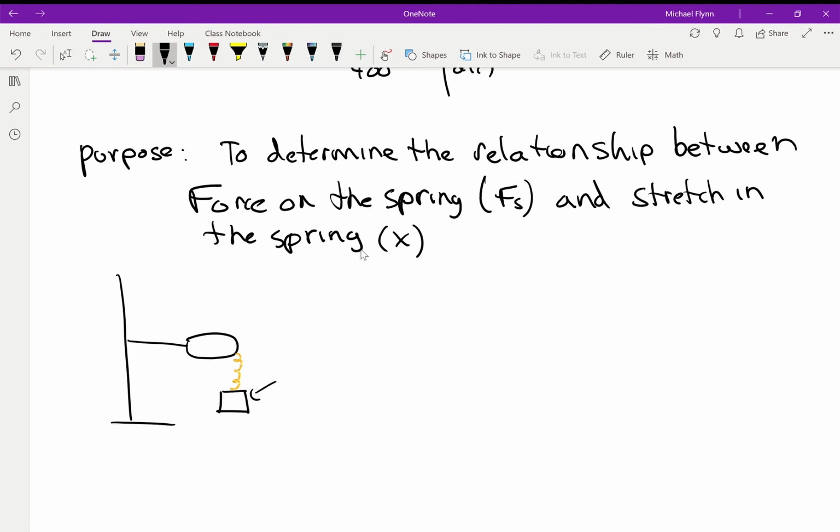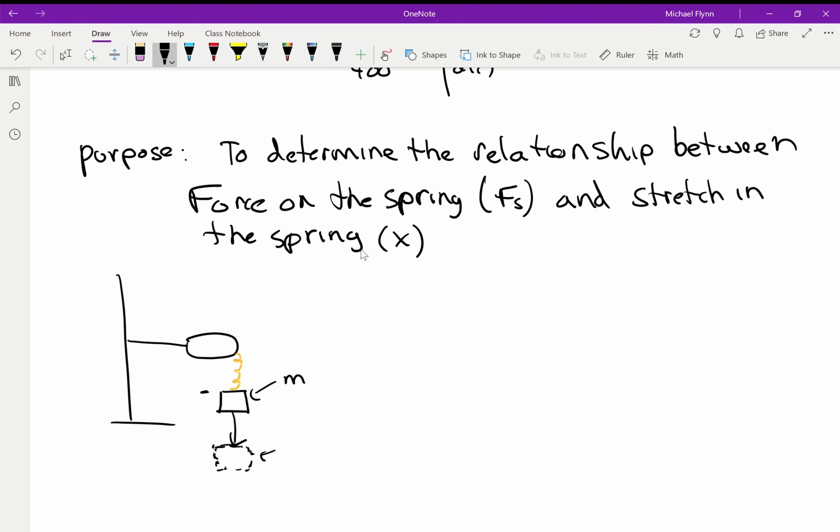That's the mass. And then gravity will pull it down, and you'll get the difference between where the spring is unstretched and its new position down here.